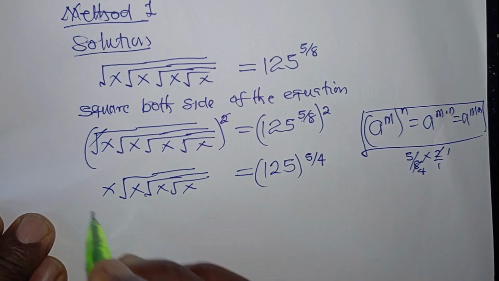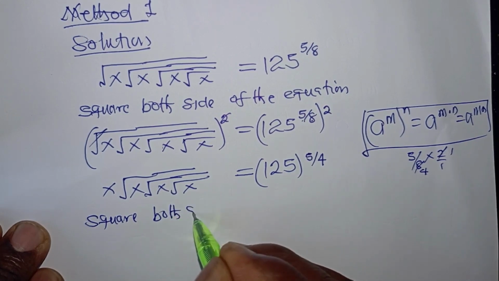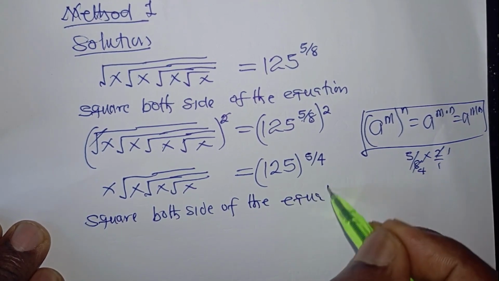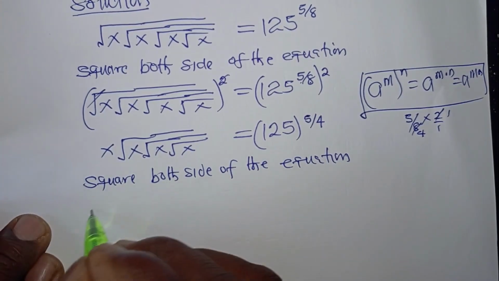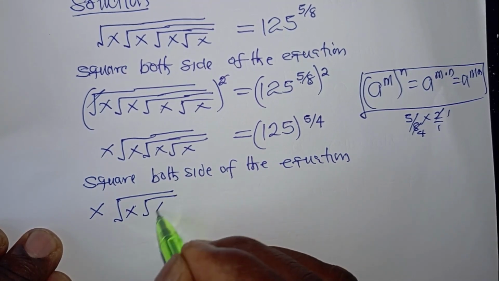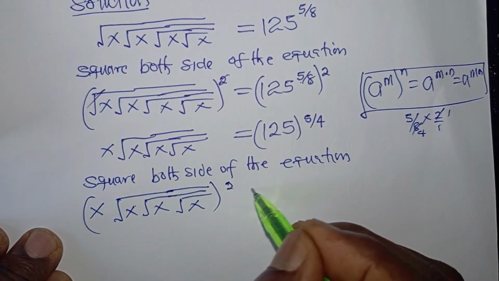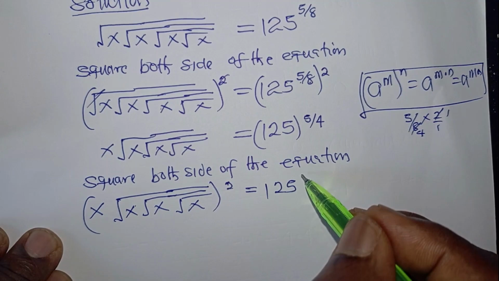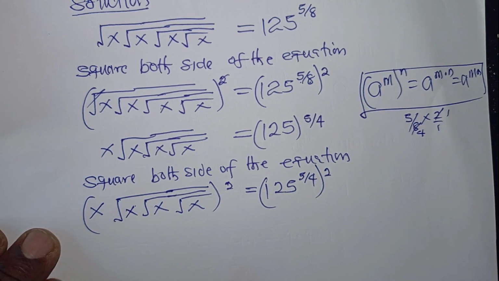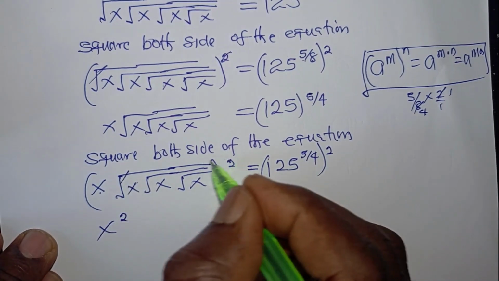Right. So we apply the square again. Square both sides of the equation. Here we have x squared, and the square root of x, square root of x, and square root of x, squared, equals 125 raised to the power 5 over 4 squared. The square will affect this to become x squared, and the square will break this root.